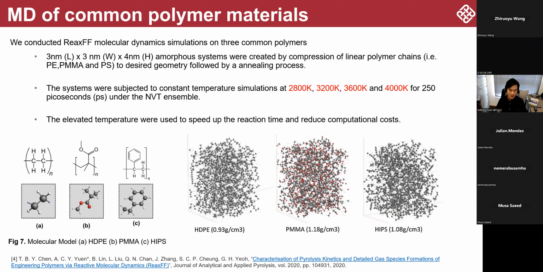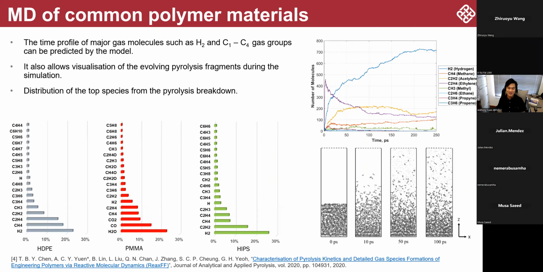And we are talking about picoseconds because MD actually takes quite a while to run. 250 picoseconds is 10 to the minus 12. In MD, each iteration is even 10 to the minus 15 seconds. So even running 1 nanosecond would easily take you a few weeks to complete the simulation, for perspective.